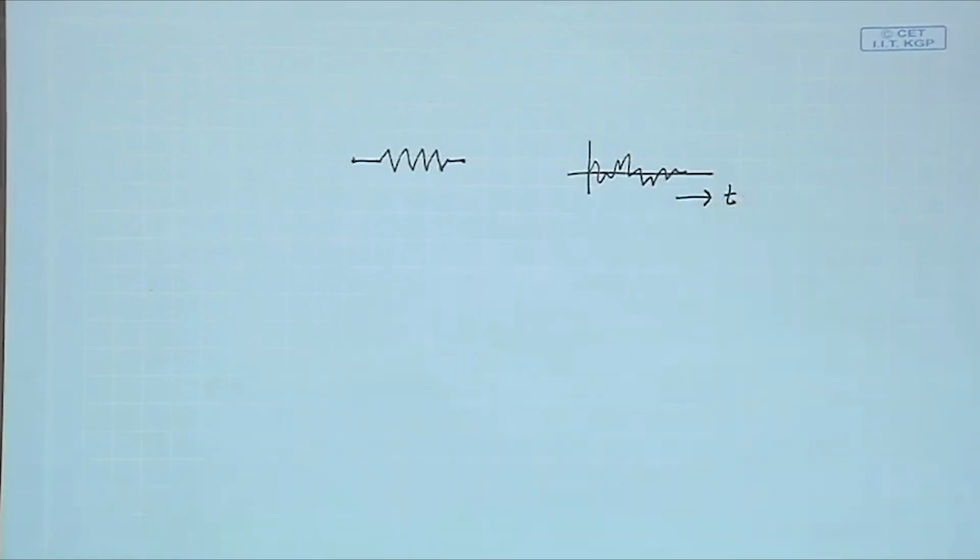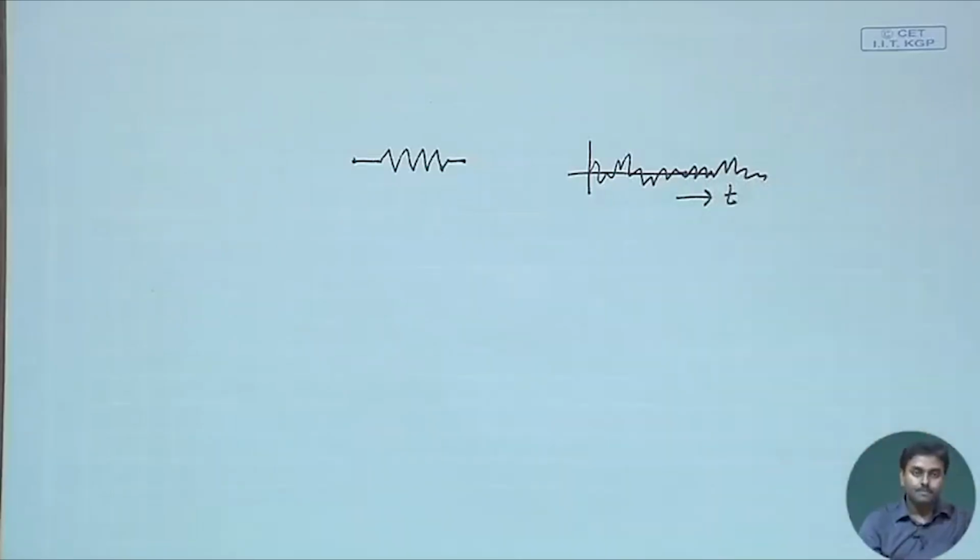You are recording over time, through the ammeter, whatever values of current you get through that resistor. This is the nature you will probably see, and it will just keep continuing. Of course, the amplitude will be very low, because it is just due to the Brownian motion.